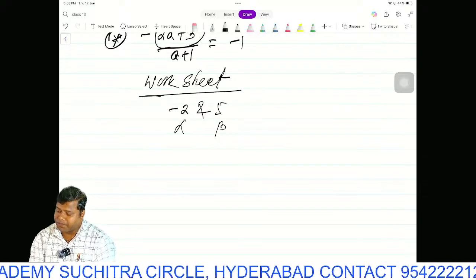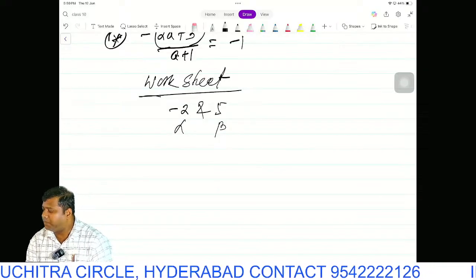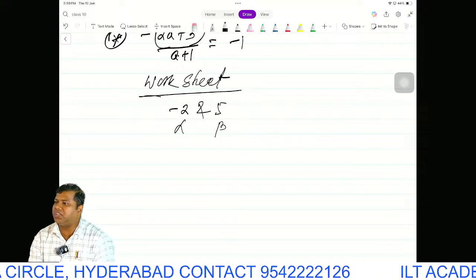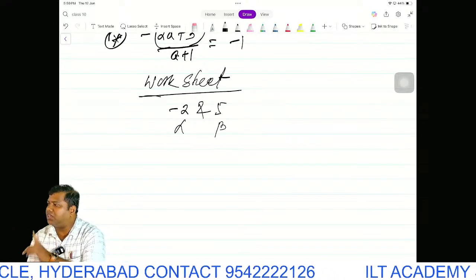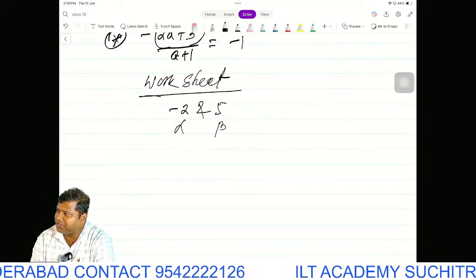Okay, now alpha we got as minus 2, beta we got as plus 5. If we need to find one polynomial whose zeros are minus 2 and 5, then what it should be? According to the formula he said, what we should write? Tell me.